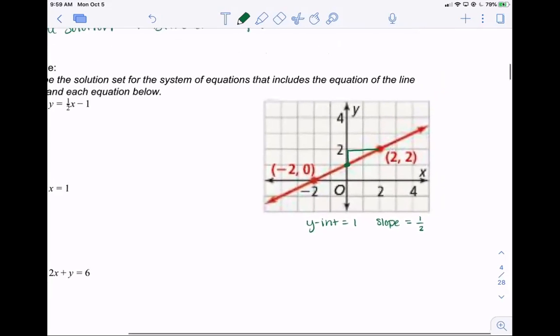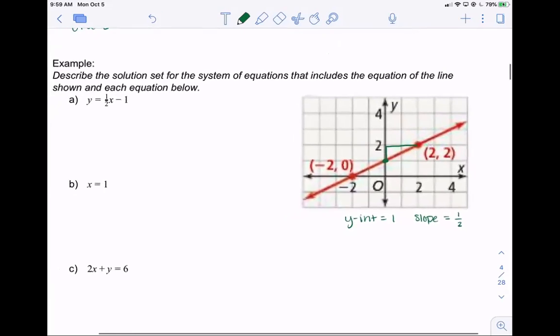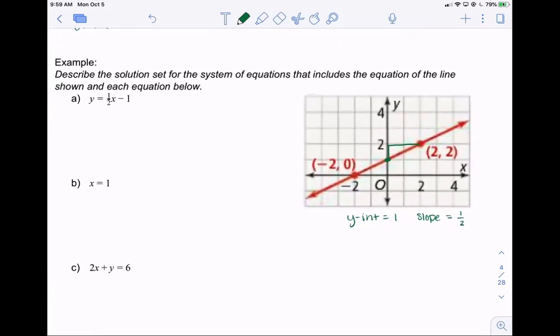All right. So now that we know that, looking at A, y equals 1/2 x minus 1. What do those two things have in common? What is line A and the line on the graph? Same slope. They have the same slope, right? Because the slope of this line is 1/2. And since they have the same slope, what does that mean about our solutions?